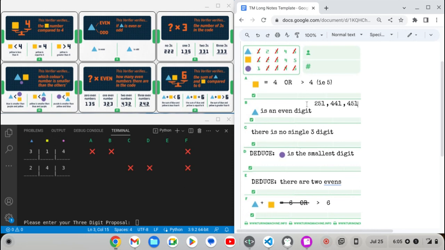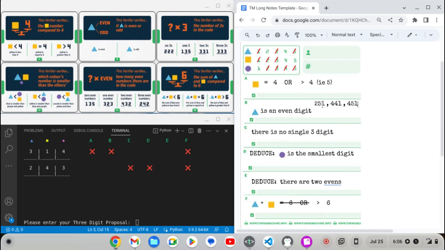If it's greater than, which is both the first and the last, yeah, I think we can deduce it's 441 because again, what do the first and last have in common? They both have square greater than 4. They also have 2 odds.